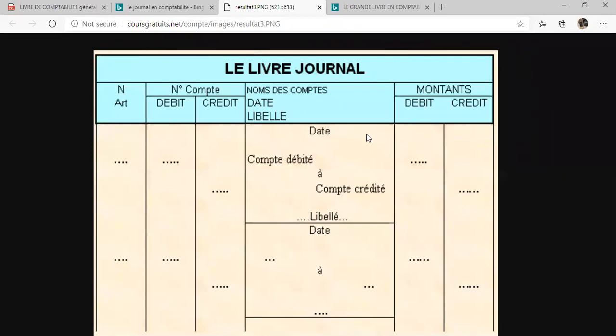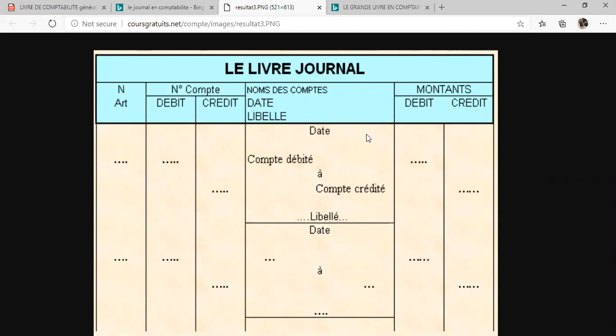You are supposed to record the transactions in the journal in chronological order, where the transactions which come on the 1st are recorded on the 1st, and ainsi de suite. One more thing is that the entries that we make in the journal are called écriture comptable.